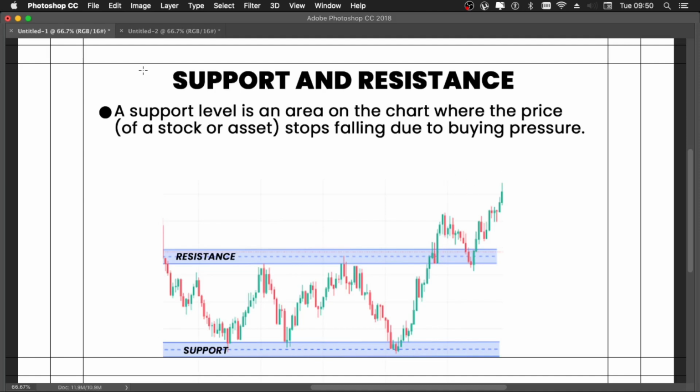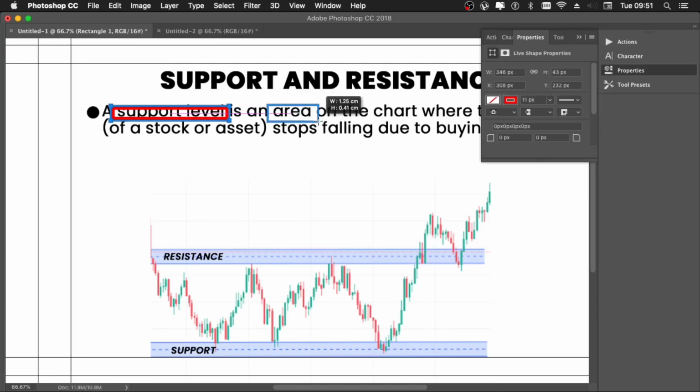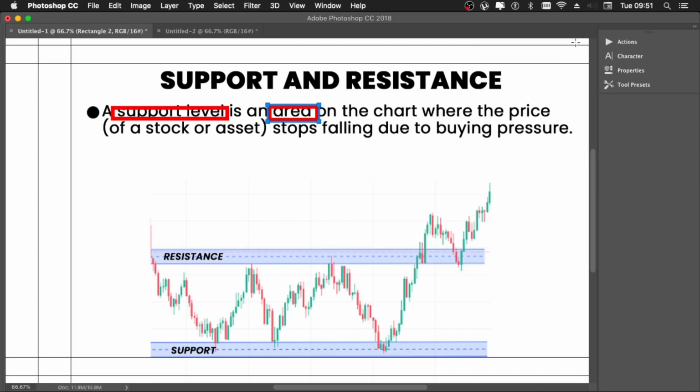A support level is an area that you find on a chart where the price of a stock or any asset, be it a synthetic index, be it a stock index, stops falling due to buying pressure.